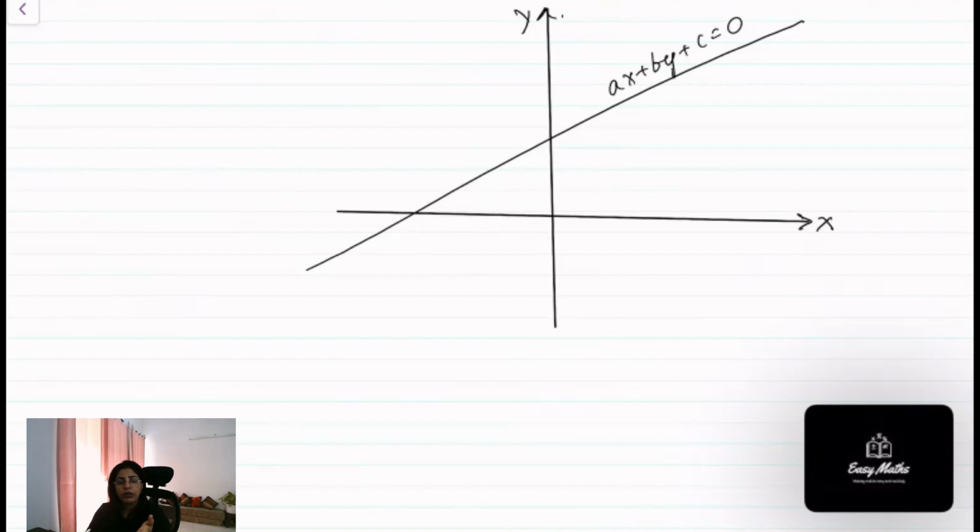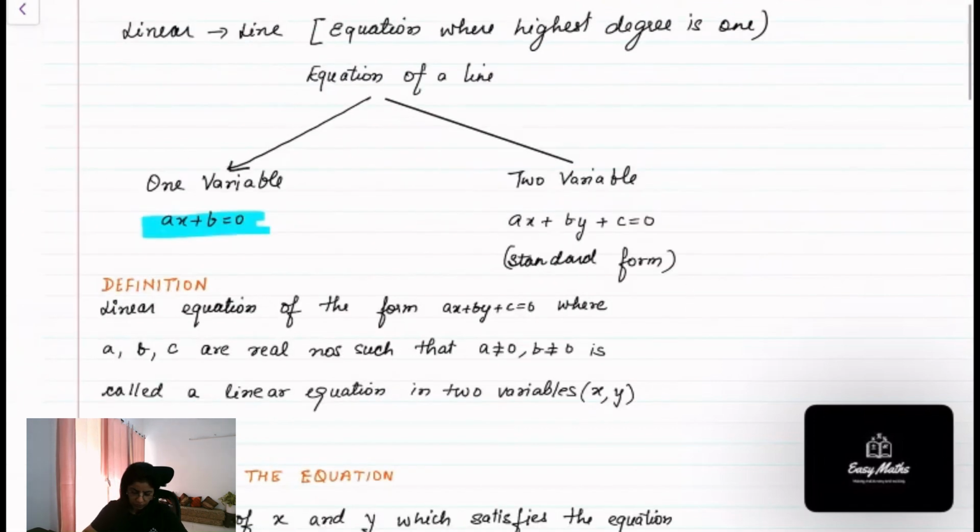You get my point? This line passes through an infinite number of points, this point, this point, this point, and all these points become the solution of this equation. In other words, those values of x and y which satisfy the equation become the solution of this equation.